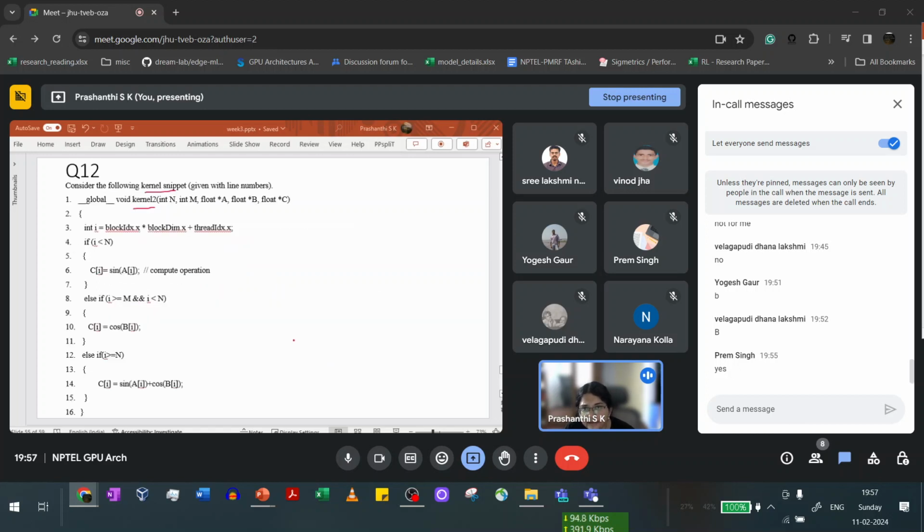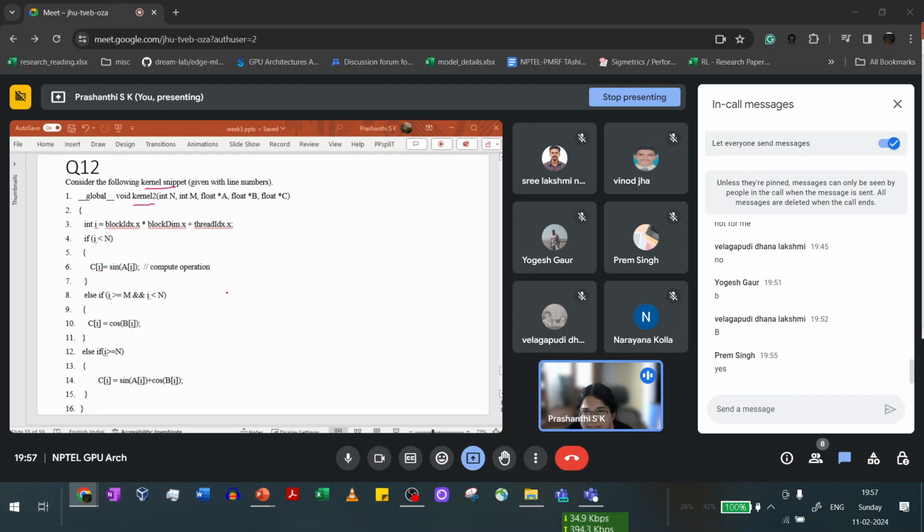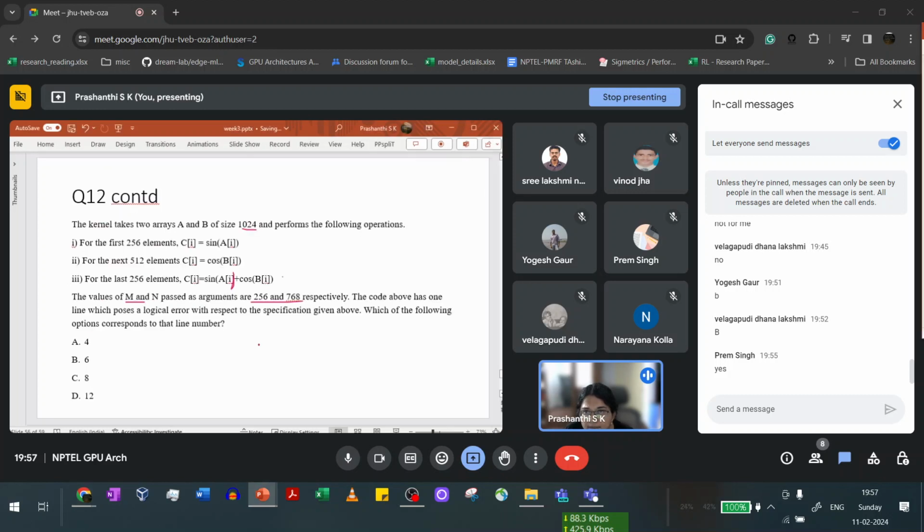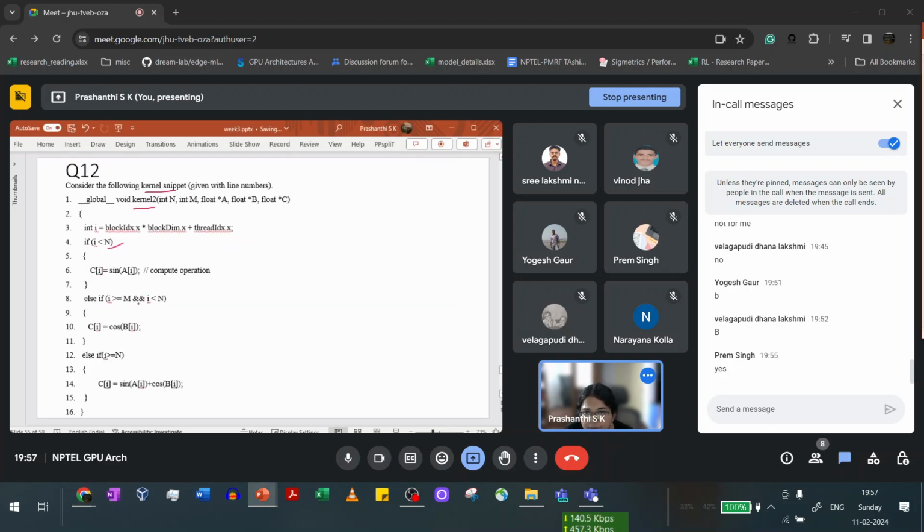Okay, let me go back here. So these are the line numbers. See if you can figure out which line number has the error. Basically you want the first 256 to fall here, the next 512 to fall here, and the last, I think, 256 to execute this. Okay, line number 12.